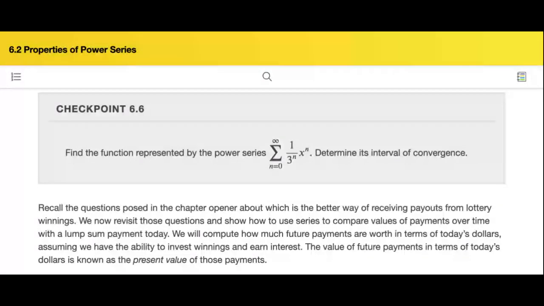Yes. Okay, let's go to the whiteboard to do it anyway. So we can rewrite it as x divided by 3 raised by n, because 1 over 3 raised by n is 1/3 raised by n, right? So we can rewrite the series as x over 3 raised by n.